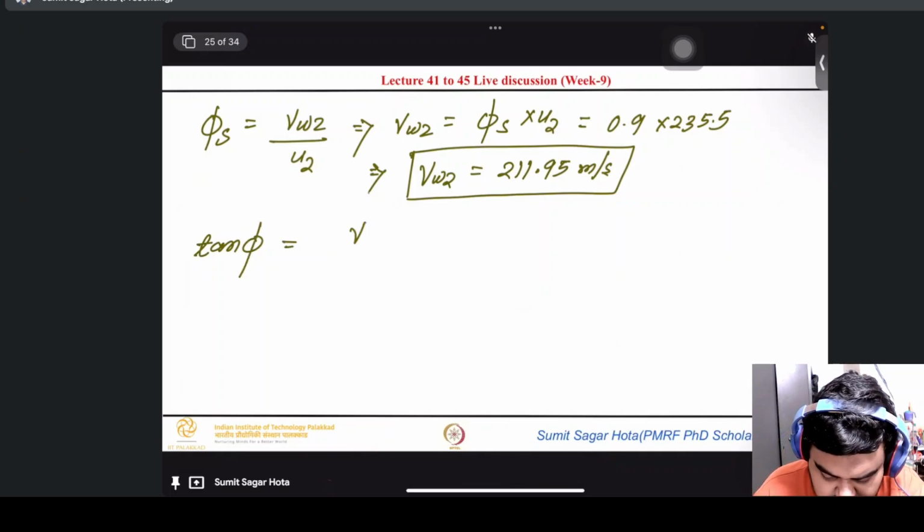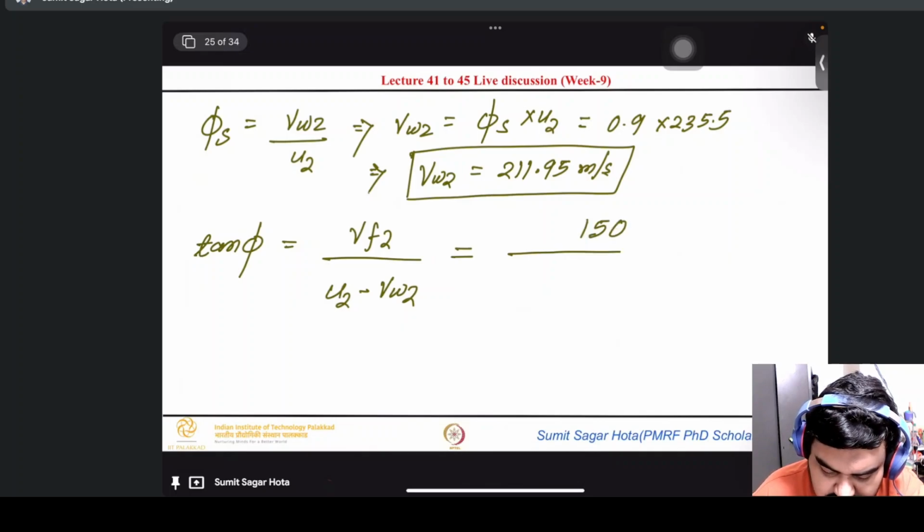Tan phi is equal to Vf2 divided by U2 minus Vw2 is equal to 150 divided by 235.5 minus 211.95.